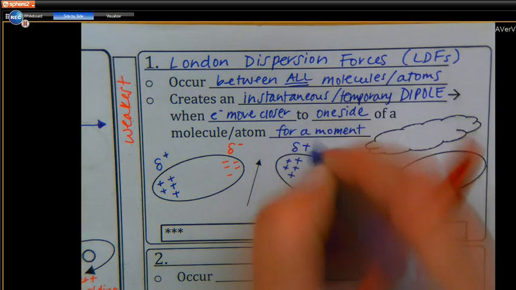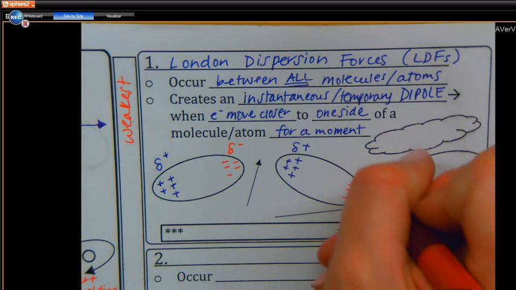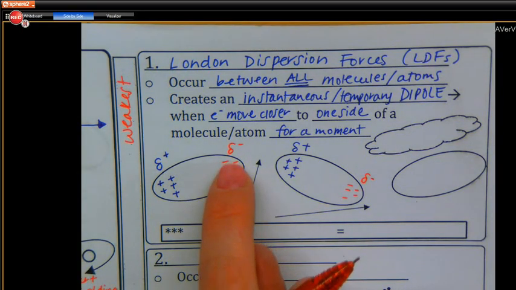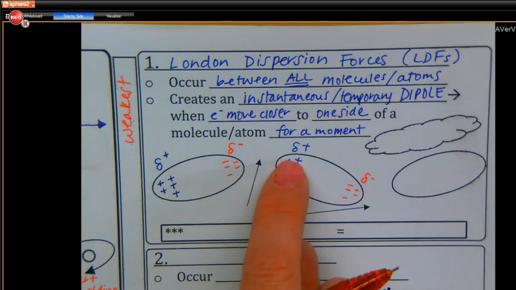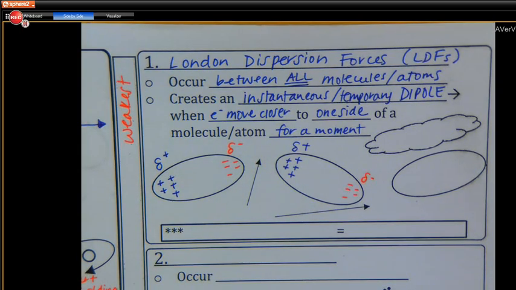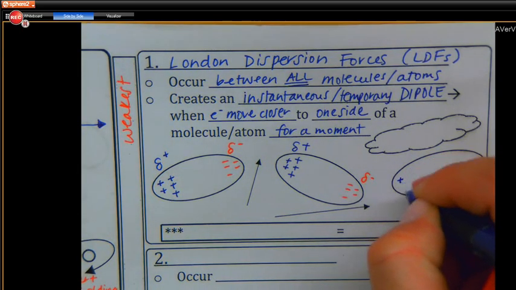Frequently, we are asked to rank substances in order of their intermolecular force strength, and sometimes you have to compare substances that have the same intermolecular force.